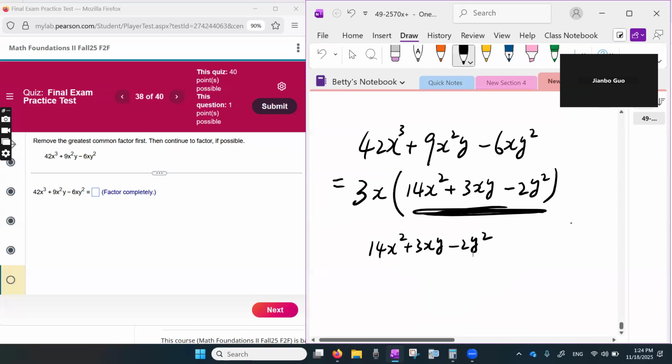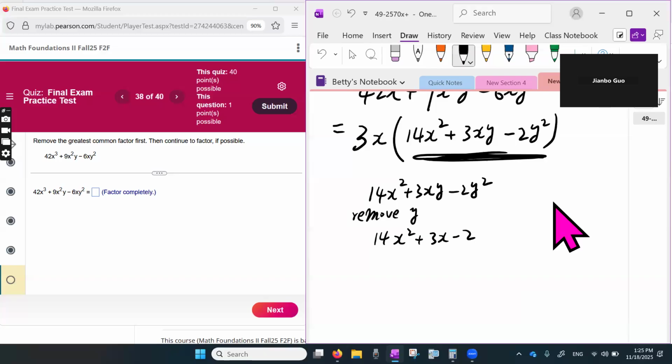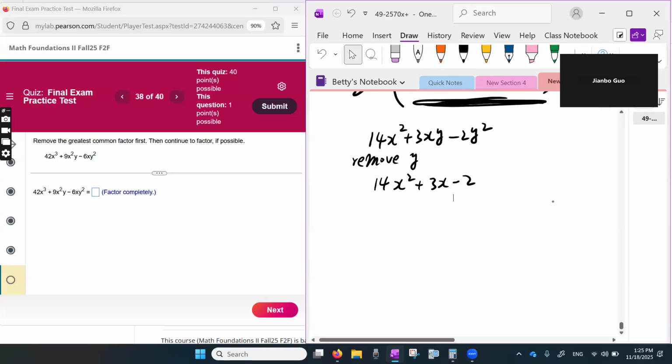So we are going to remove y first. We have 14x squared plus 3x minus 2. Get rid of y first, and later we are going to bring it back. Okay, and then the slide method. This is a very challenging problem. Slide: x squared plus 3x minus 28.